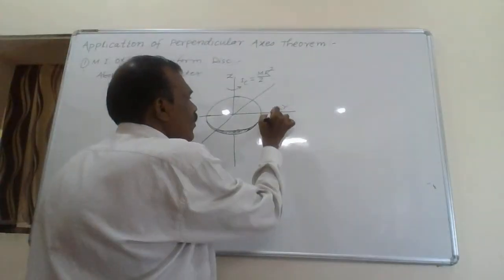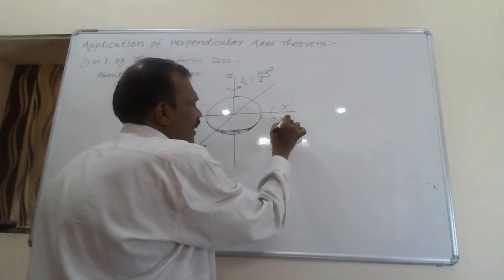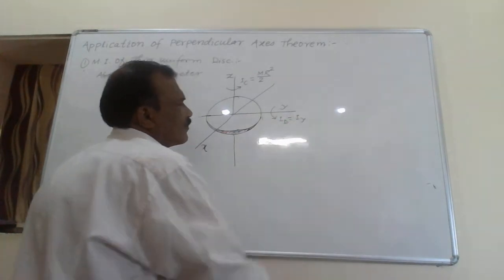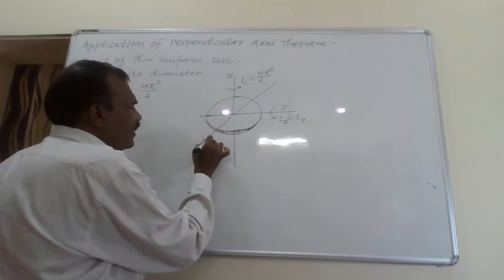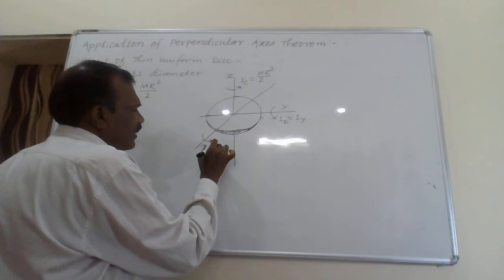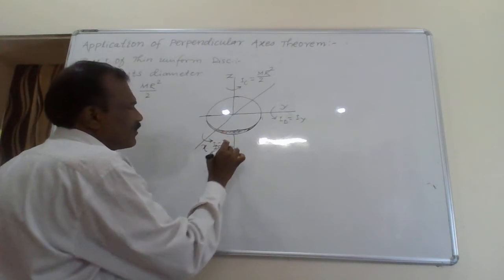This is the moment of inertia of a disk about its diameter, which is denoted as ID, and ID can be written as equal to Iy. Similarly here also, this is the moment of inertia of a disk about another diameter, and this ID can be written as equal to Ix.